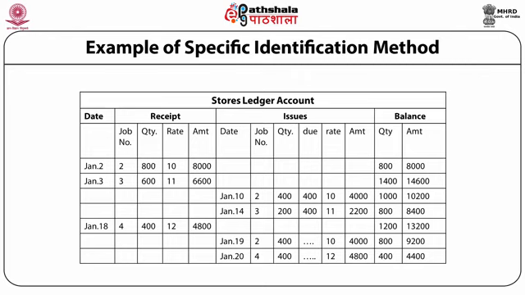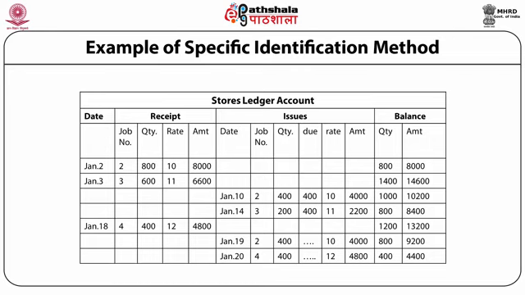When we have to make an issue on January 10 for job number 2, then according to the specific identification method, we have taken the material which is specifically purchased for job number 2, and the rate of this material was rupees 10.